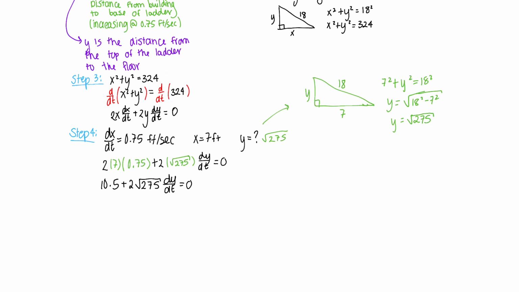equals 0. I'm subtracting 10.5 on both sides. So I have 2 square root of 275 dy dt equals negative 10.5.